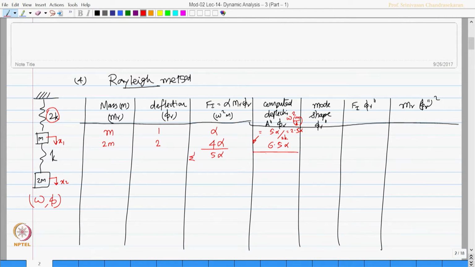Now, I take a multiplier A double prime as 2.5 alpha. Therefore, the mode shapes become 1 and 2.6. This 2.6 is nothing but 6.5 by 2.5.